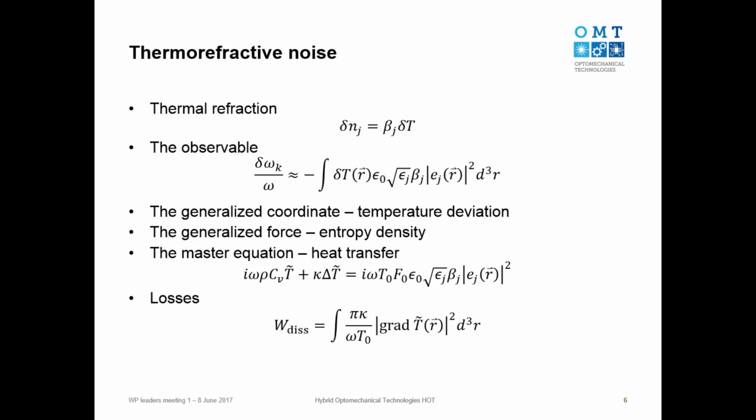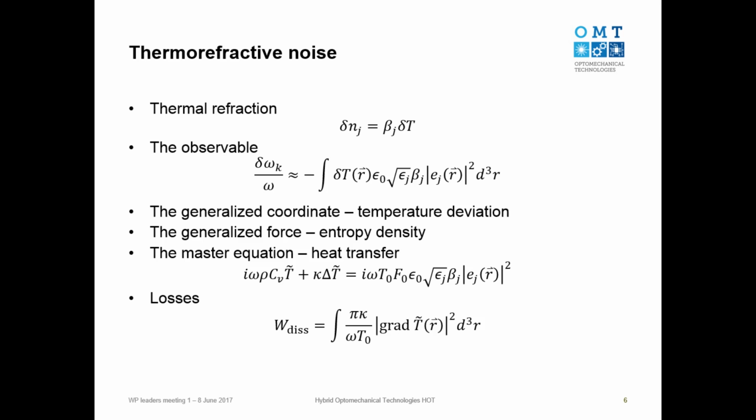And now we come to thermal refractive noise. It comes from the change of refractive index while the temperature is fluctuating. So the observable transforms to this one. I just take the expression I had before and input here the deviation of permittivity.